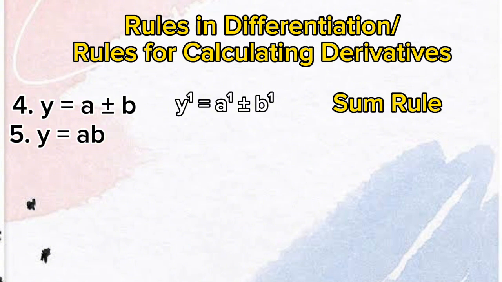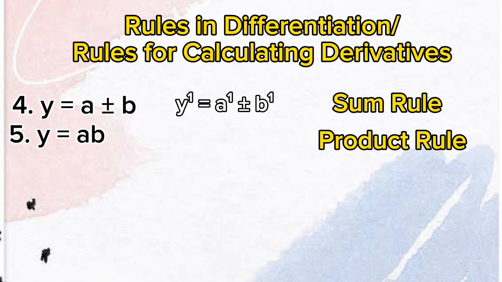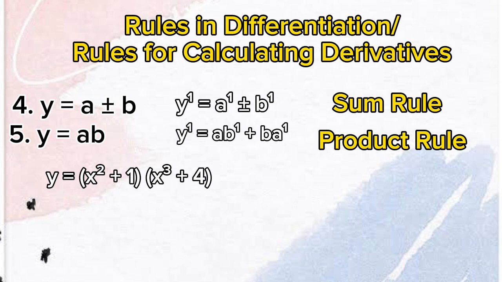Let's proceed. So we have here the derivative of a product, or should I say the product rule. If we are given a function y is equal to ab, then its derivative form would be y prime is equal to ab prime plus ba prime. Alright, let's try an example. For example, we are given the function y is equal to x squared plus 1 times x cubed plus 4.